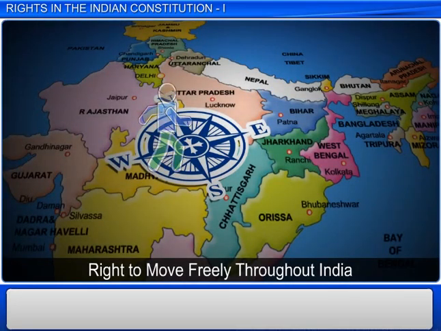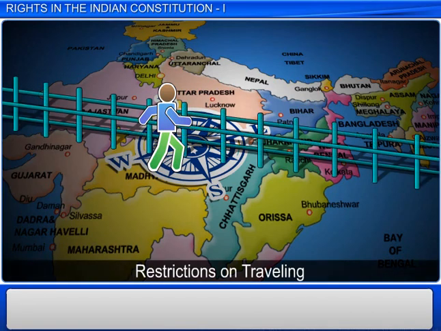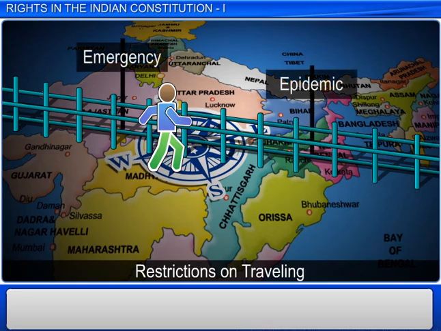However, in public interest, the government can impose reasonable restrictions on travelling and movement. For example, in situations of an emergency or epidemic, the government may restrict travel.